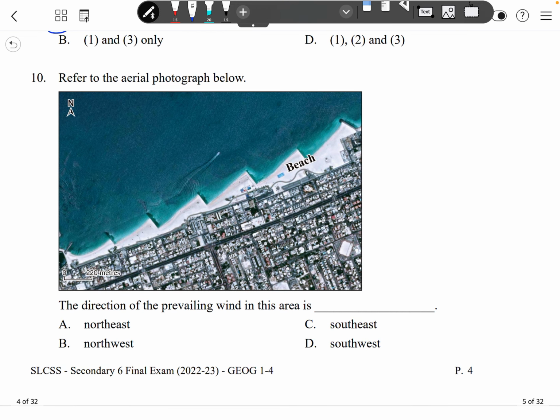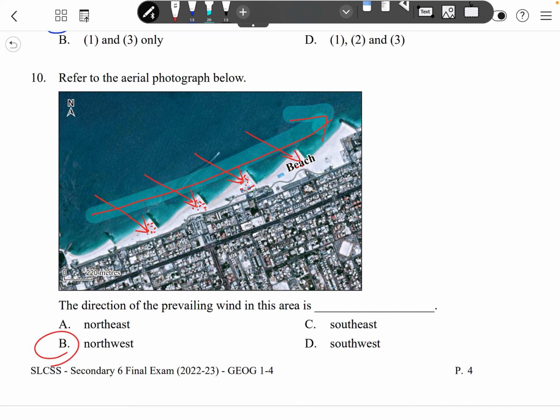Number 10 is about the direction of longshore drift. We can see the longshore drift directions. Which of the following shows the prevailing wind? As we taught you before, the sediments are accumulated in this angle, this part. So we must know that the direction of the wind should hit like this.